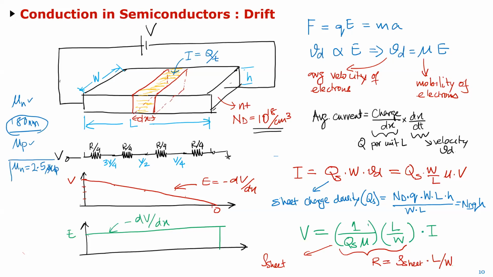In other words, if you take the same block of material, the p-type will be 2.5 times more resistive than the n-type. Or in the case of a MOS transistor, the same size NMOS will be 2.5 times faster, in the sense that it will charge the same capacitor 2.5 times faster than a PMOS can.